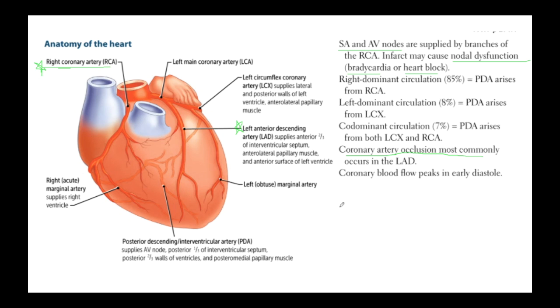And one last thing on this slide is coronary blood flow peaks in early diastole. So while the heart is filling with blood to get ready to pump out to the rest of the body, but hasn't done it yet, it's going to supply itself the most during that time. Cool?